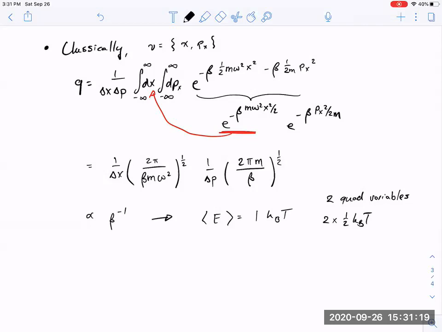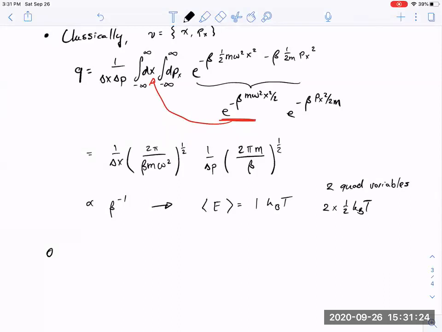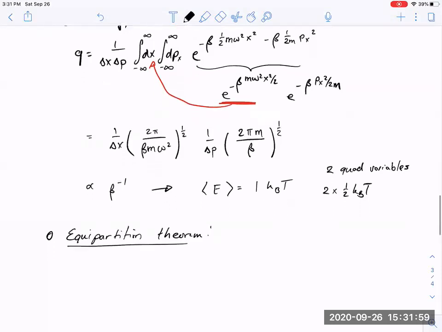In fact, this little bit of arithmetic has a fancy name. You call the fact that anytime you have a quadratic variable in a classical system, it contributes 1/2 kBT to the average energy, you call that the equipartition theorem. It's a very highfalutin name for the consequence of a Gaussian integral.